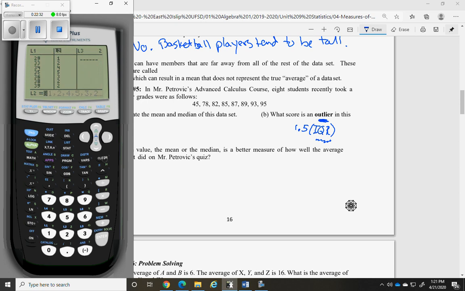Clear out both L1 and L2, please. You don't want anything in your L2 because your calculator will use it as the frequency. And there's only one set of data here, so we don't have to worry about a frequency column.